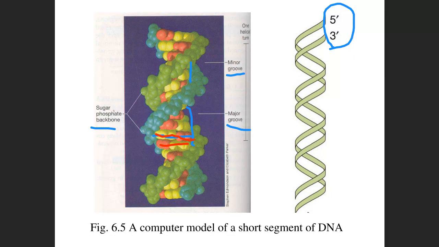So now you can see, okay, this is the minor groove and this is the major groove. You see the space here? That's what's represented. Okay, so that is something new. I'm hoping that you have not heard from anyone else, but that's important. That's the basis for DNA and protein interaction.